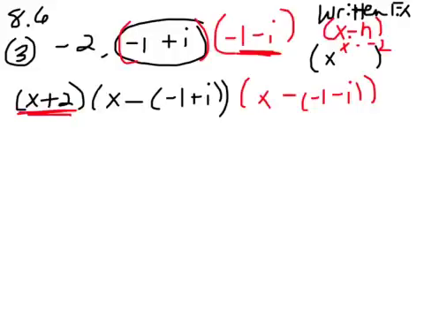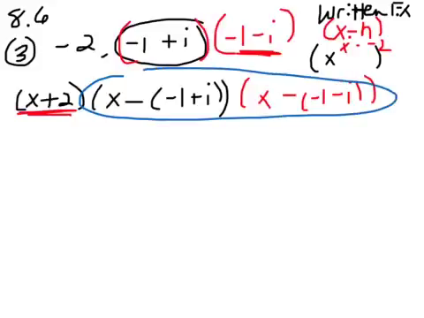Okay, now this is going to be kind of fun because we got to multiply all that out. Let's start with just doing these 2 together because they're kind of the nasty ones, and I think if we do those first, they're going to simplify a lot more than you might think. First of all, x minus -1 would be x plus 1, and then minus i.